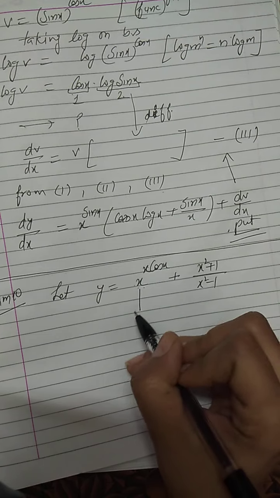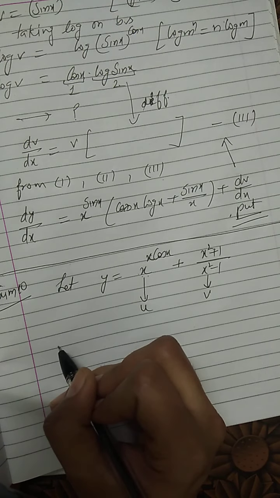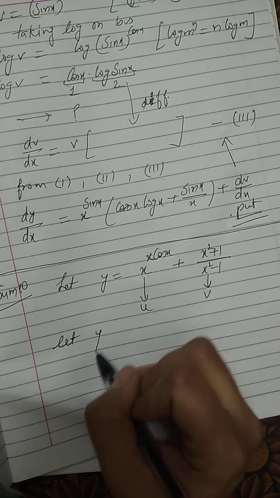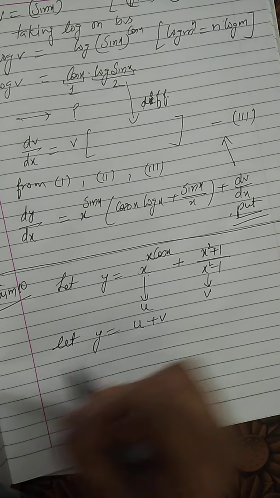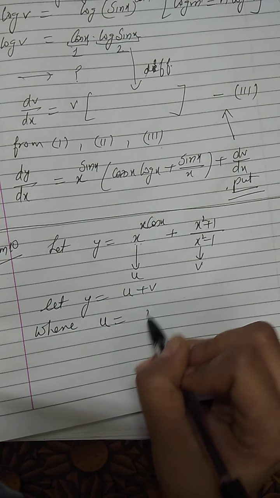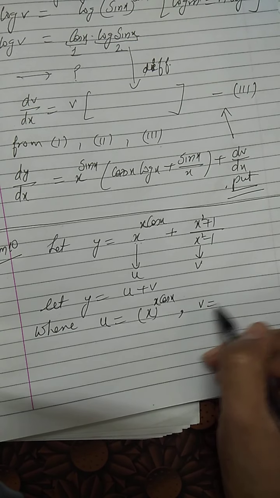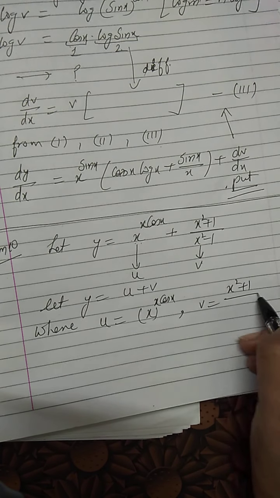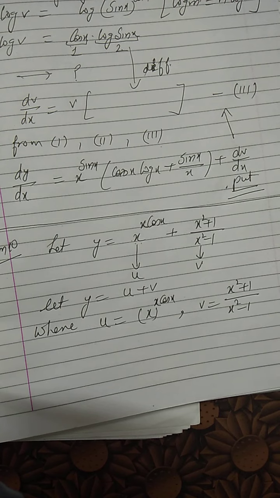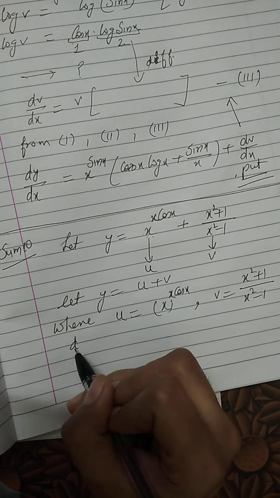Once again we will take this function as u and this one as v, and write let y is equal to u plus v, where u is x raised to power x cos x and v is x square plus 1 upon x square minus 1. So you will differentiate both the functions separately.